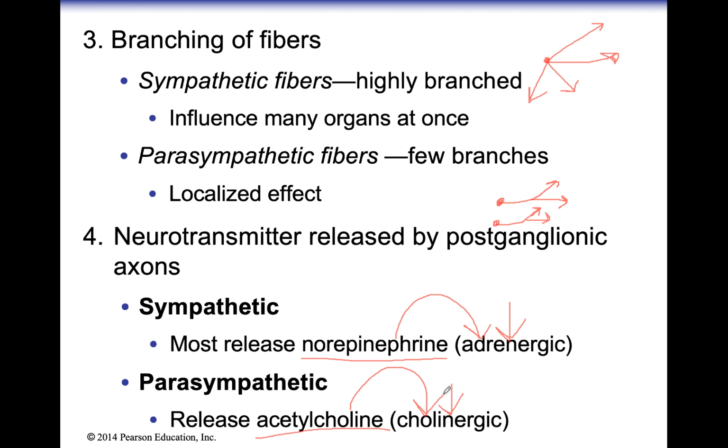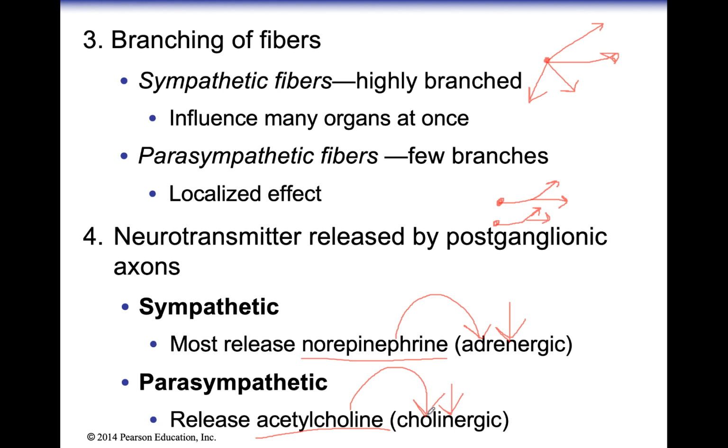I'm using heart rate as the example, but just know by no means is that the only example. Norepinephrine can also bind to adrenergic receptors in the lungs to increase lung function. Same with acetylcholine. It can bind to cholinergic receptors in the digestive system to increase digestive system function.